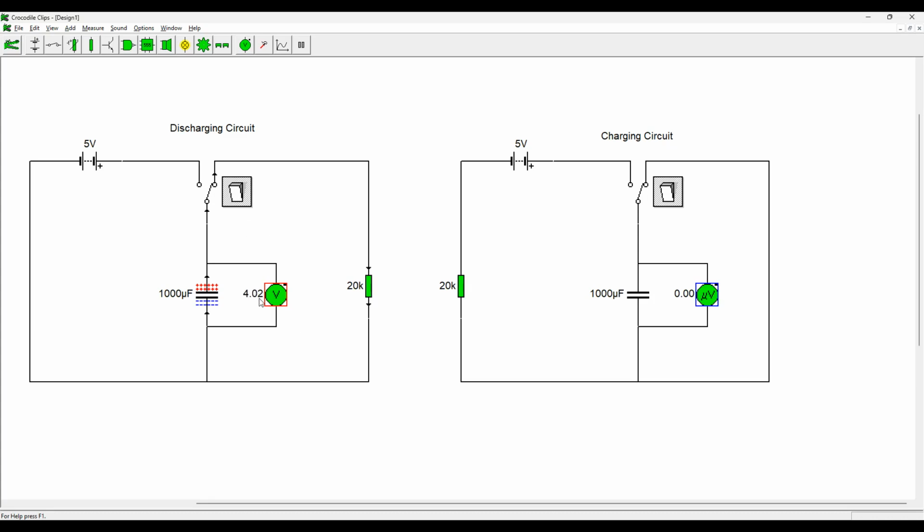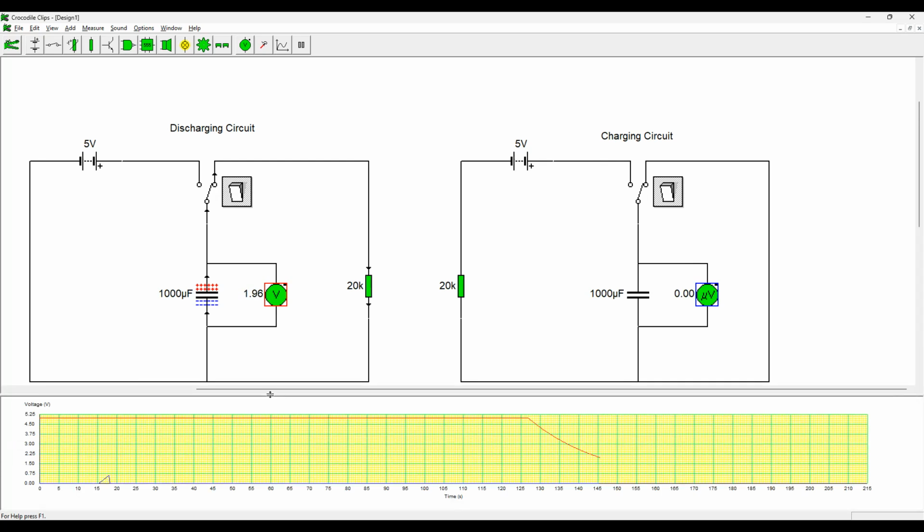The voltmeter shows the discharge of the capacitor and the decreasing voltage across the plates. We can have a look at the graph of this behaviour. Let's charge it back up, reset the graph, and discharge.